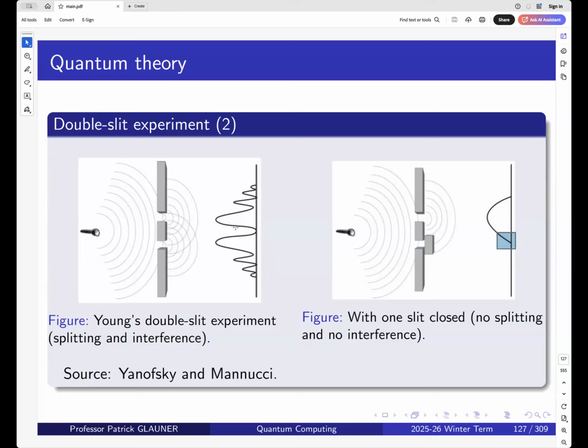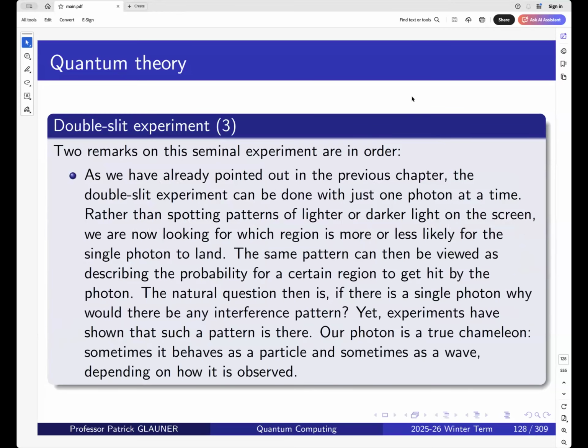When we use the double slit experiment, and both slits are open, we have this splitting, but then this interference. If we close one of the slits, this is actually not happening because there's no interference. So feel free to look into the book if you want to understand this double slit experiment in greater detail.